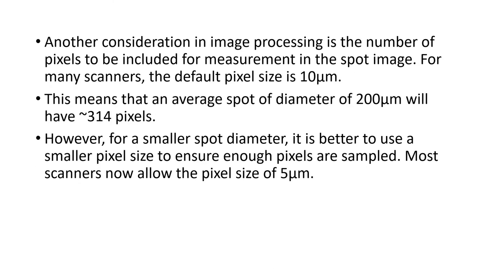Another consideration in image processing is the number of pixels to be included for measurement in the spot image. That means how many pixels can be included for the measurement. For many scanners, the default pixel size is 10 micrometer.